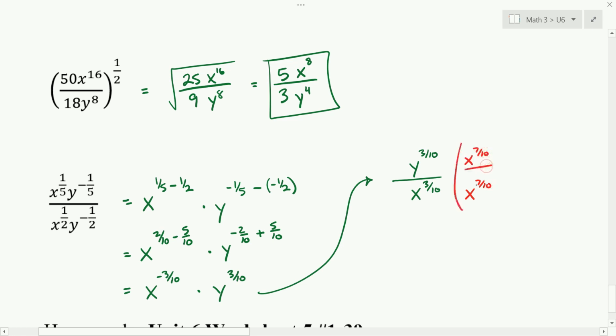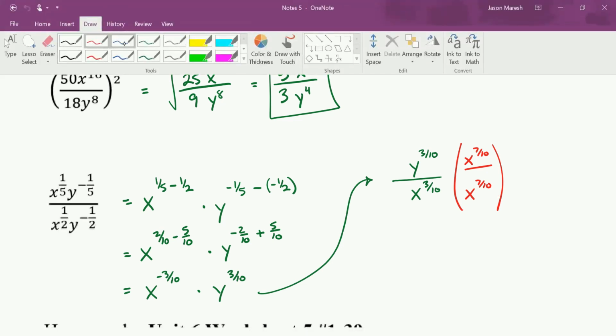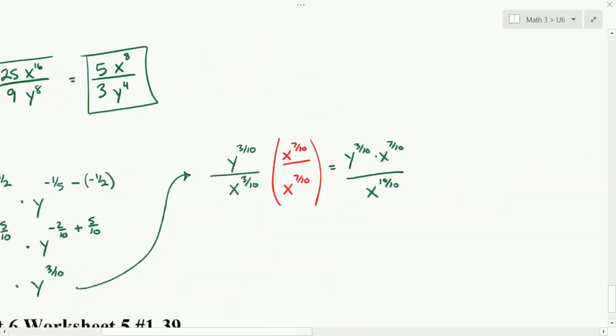So we multiply by x to the 7 over 10 divided by x to the 7 over 10, which is just 1, but it's going to help us do what we're wanting to do here. And we end up with y to the 3 over 10 times x to the 7 over 10 all over x to the 10 over 10, because we add the 3 and the 7.